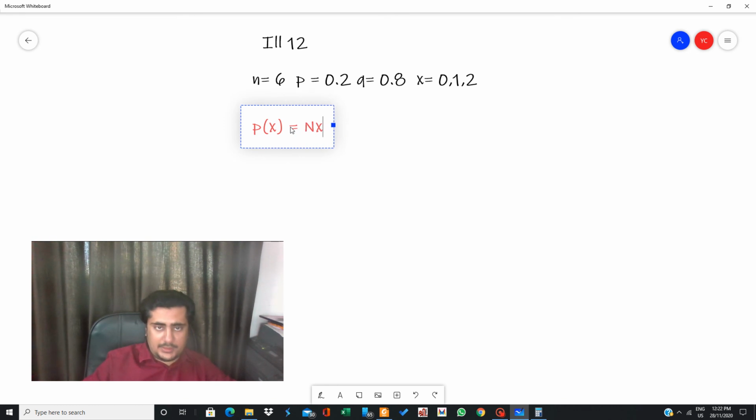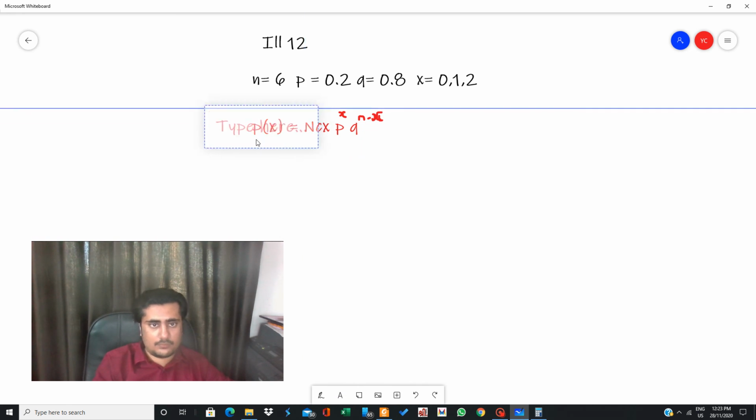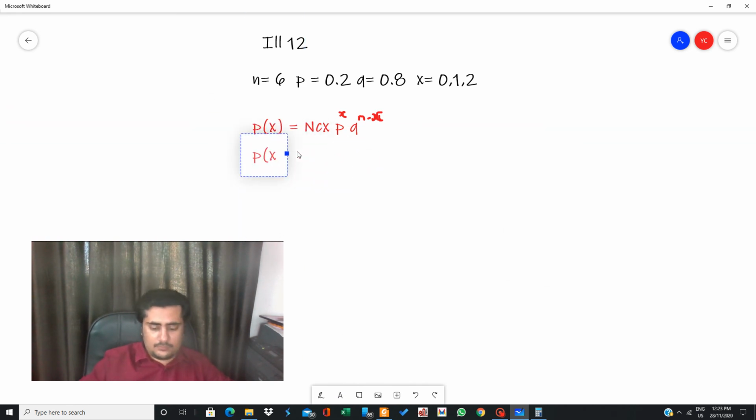It's NCX P raised to X Q raised to N minus X. Now NCX is 6C0.